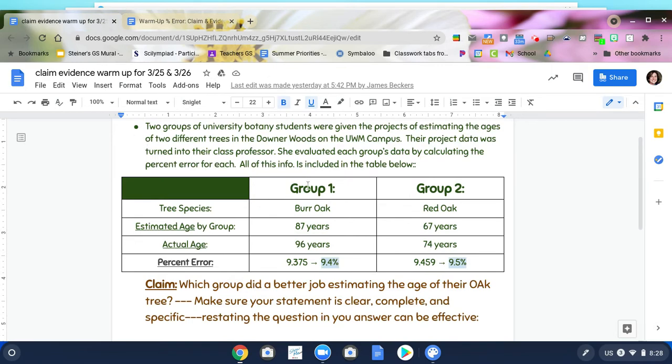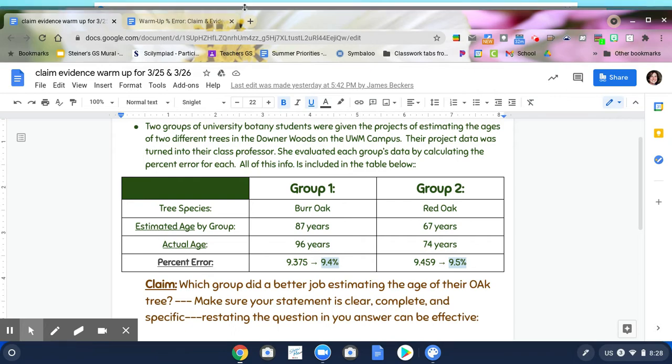We're going to look at this data right here for group 1 that was measuring a bur oak. The accepted value, the actual age was 96 years, but their estimated or measured age was 87 years.